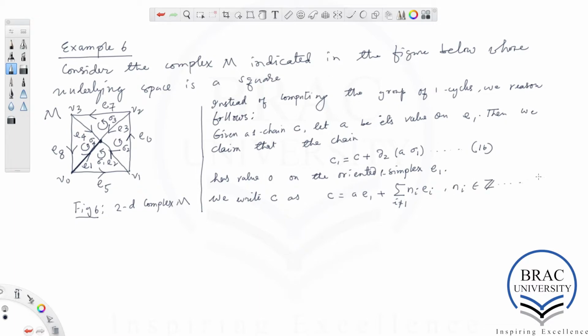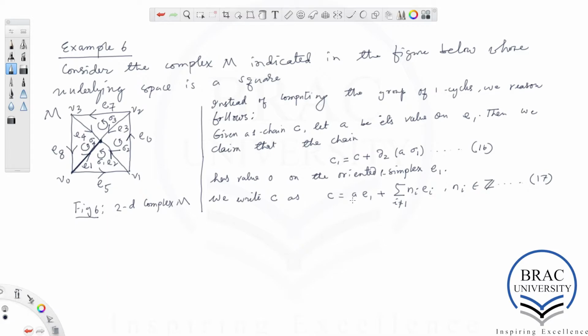This is equation number 17. You see that from this expression 17, it's clear that the value of this one chain on the oriented one simplex E1 is A.